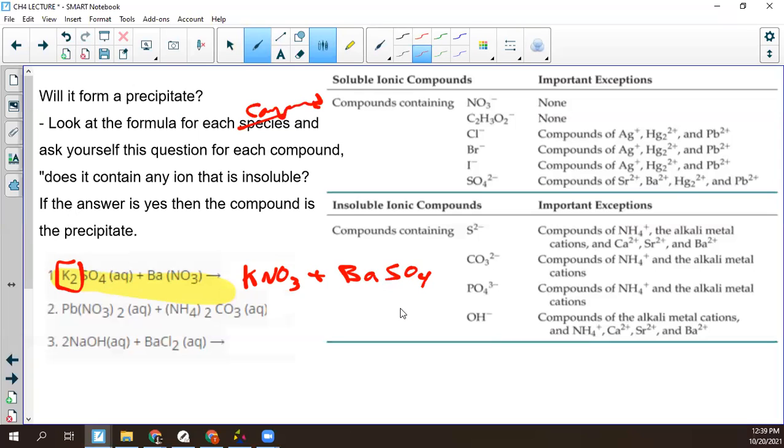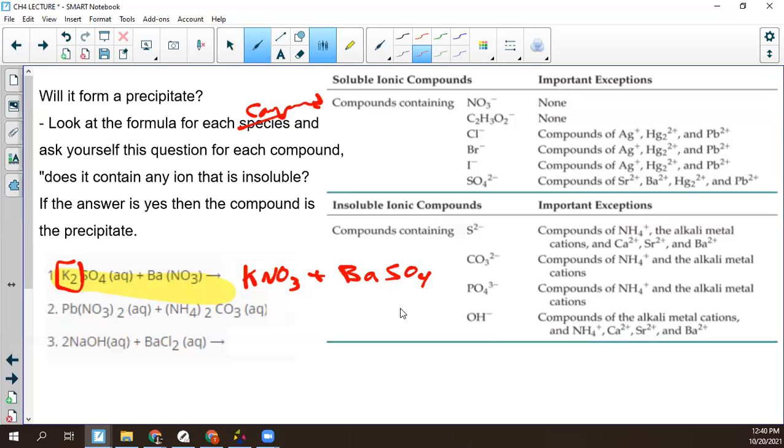Okay, and then Ba is hanging out with who? SO4. Okay, so the first thing, you've got to find your new couple. Those are your compounds. And then you ask yourself this question. Does KNO3 contain any ion that is insoluble? So looking right here, first off, these are insoluble. Is NO3 on this list? No. Is K on this list? No. And metals aren't on this list, by the way.